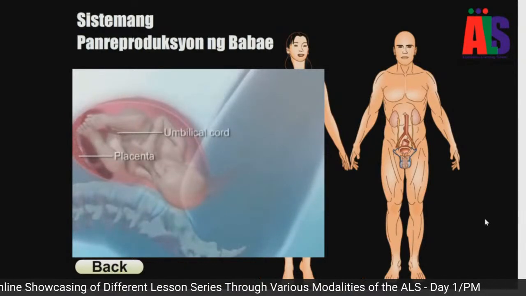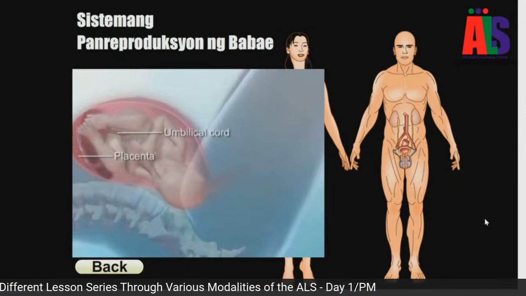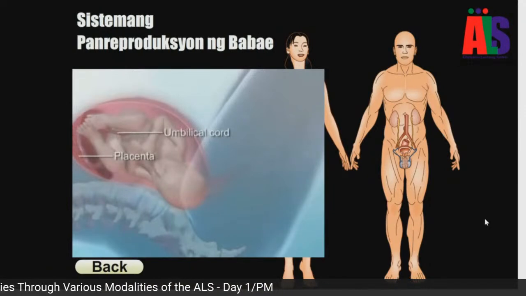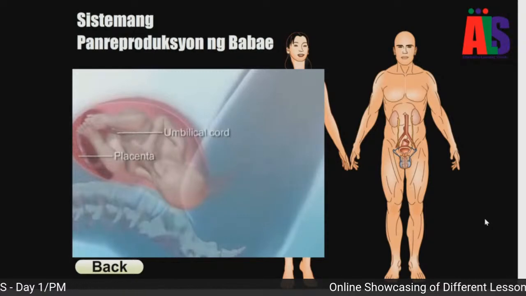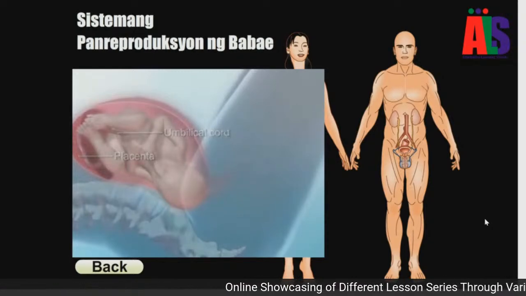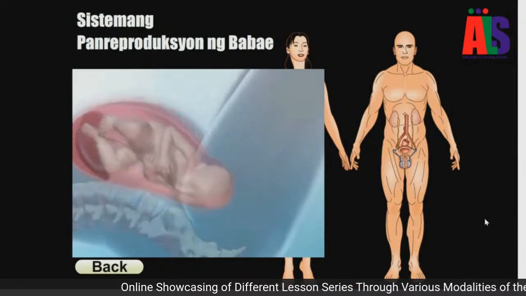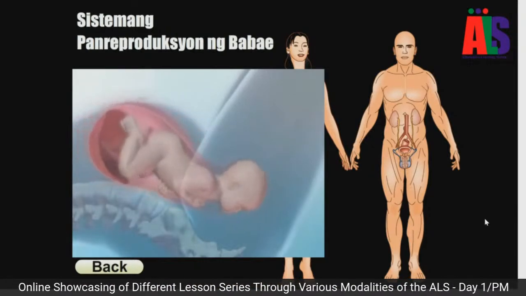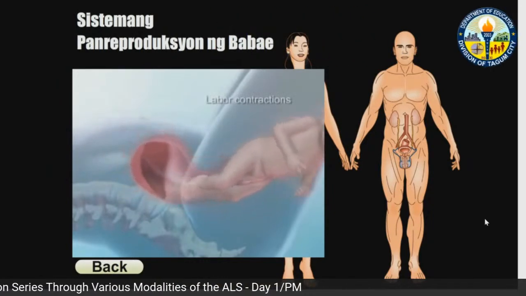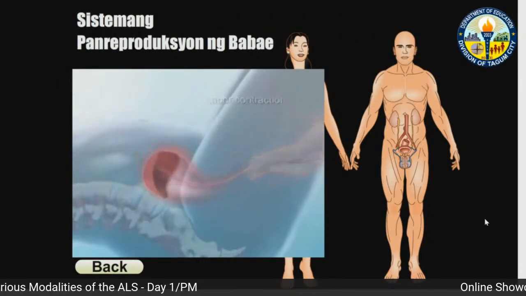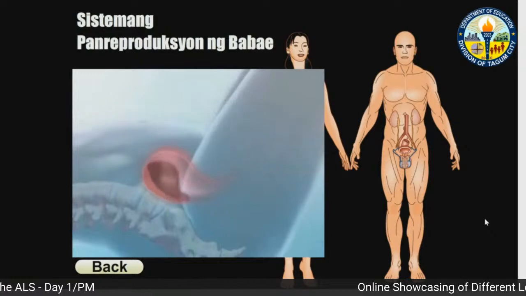Sa buong panahon ng pagbubuntis, ang mga sustansya at mga dumi ay dumadaloy sa placenta at sa umbilical cord. Sa panahon ng panganganak, naglalabas ang pituitary gland ng hormone na oxytocin. Ito ang siyang nagpapahilab ng sinapupunan sa panganganak. Matapos lumabas ng bata, ang placenta ang susunod na lalabas.